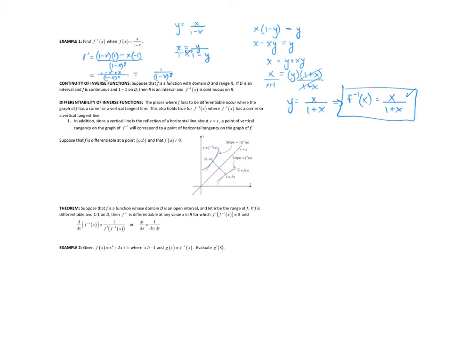And now what I want to do is take a look at what's going to happen at a particular x value. I'm just going to pick one that'll make our computing fairly easy. Let's take a look at f of, say, negative 1. This function should be defined there. We get negative 1 over 1 minus negative 1, which is negative 1 over 2.